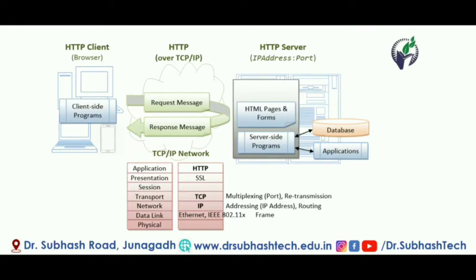When the request is sent to the server through the internet, the basic protocol we need is HTTP, hypertext transfer protocol, or we can use the TCP IP protocol. Based on the request or the network, we can use any type of protocol. Generally when we execute a web application, we use the HTTP protocol.